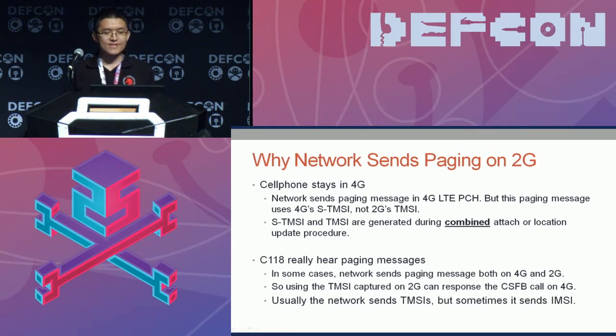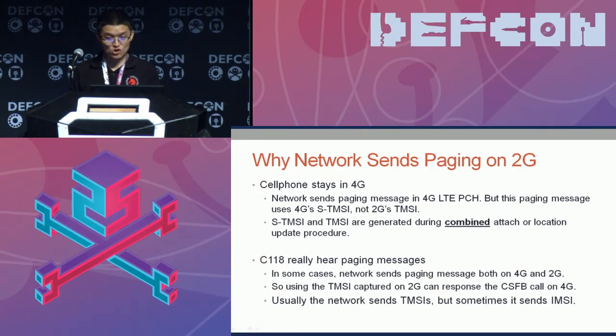However, the network standard says the 4G network should send paging requests with the S-TMSI, and the S-TMSI has no relation with the 2G TMSI. So someone may ask, why would the network send the paging request on the 2G side while the standard says it should send paging on the 4G side?